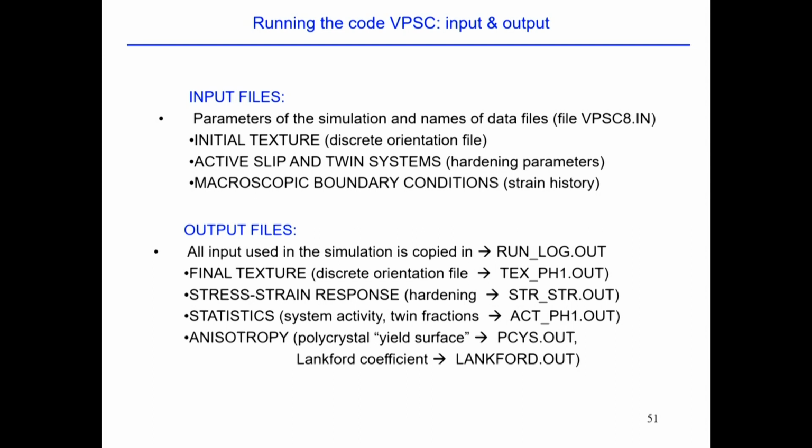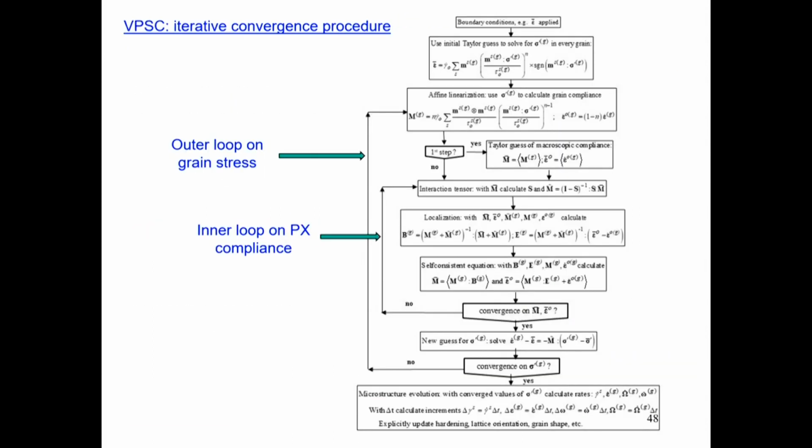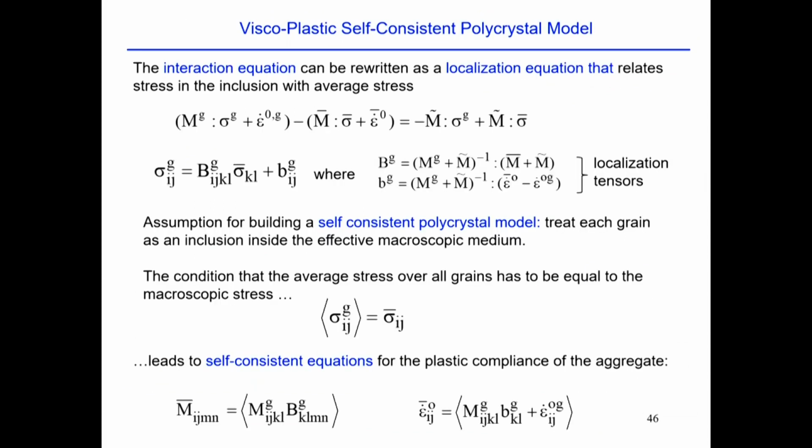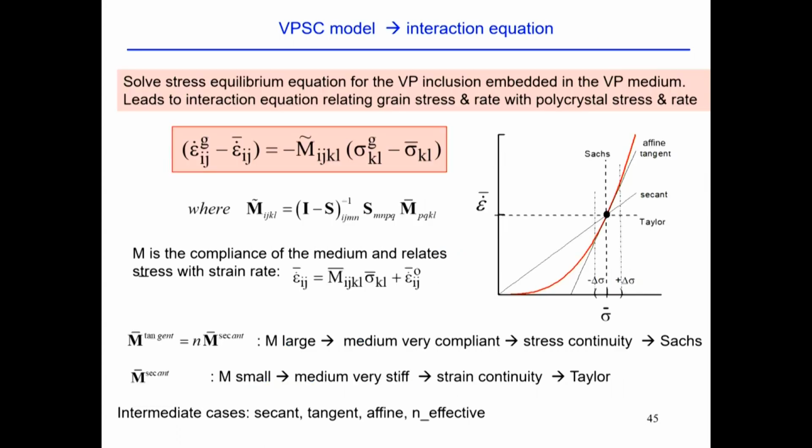One nice thing about the interaction equation, I'm going to go back a few slides. The nice thing about this equation is that you don't need to enforce the whole strain rate tensor or the whole macroscopic stress tensor.